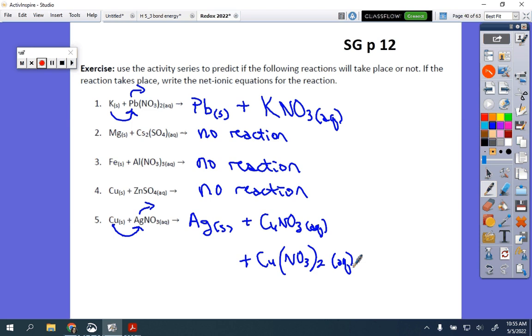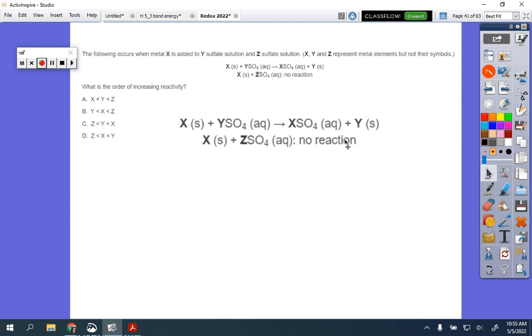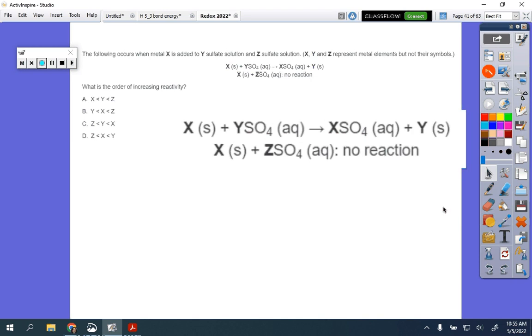Speaking of multiple choice, this is still a little hard to read. This is a question from the question bank. It says, metal X is added to Y sulfate solution, or metal X is added to Z sulfate solution. And here's what happens. So rank X, Y, and Z in order of increasing reactivity.